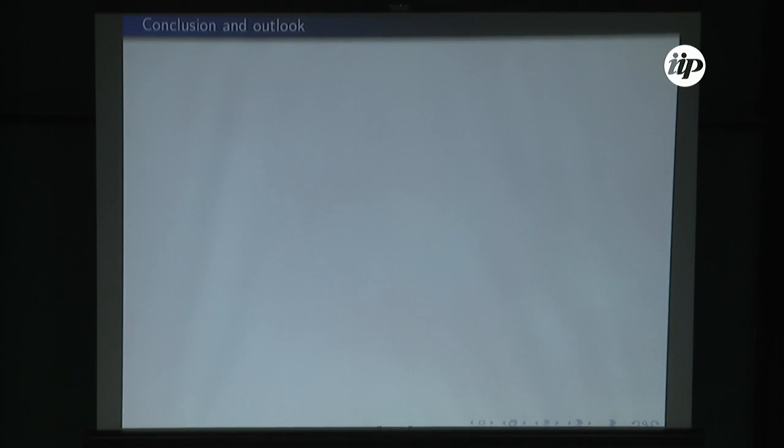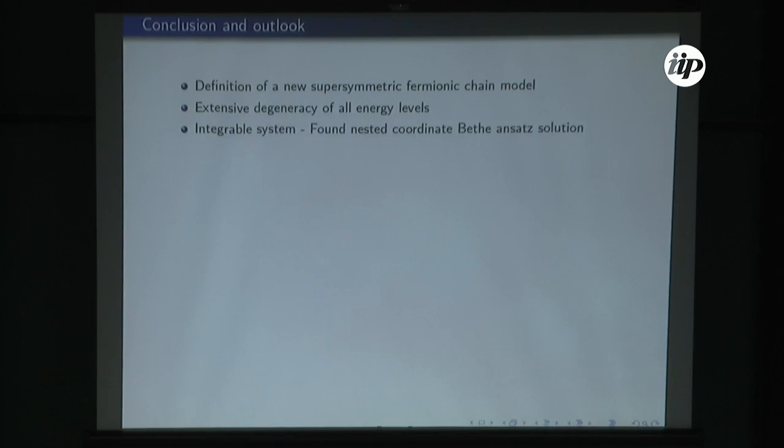And okay, I will conclude. So what we did is we defined a new supersymmetric fermionic chain with spinful fermions, and this had an extended symmetry. Then we solved the model by coordinate nested Bethe ansatz.